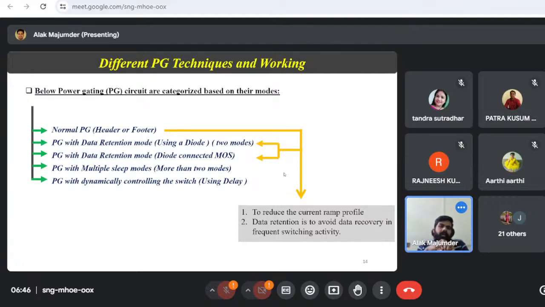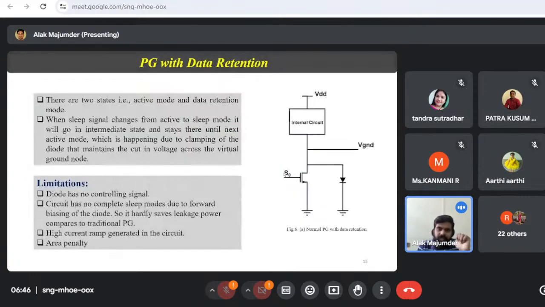Then people have come up with the concept of multiple sleep modes. Initially people were thinking of 2 or 3 jumps, like 0 to 0.4, 0.4 to 0.8, and so on, right? Then people have increased the number of jumps. Multiple modes they have created, and by this process, they have seen that some sort of betterment is achieved.